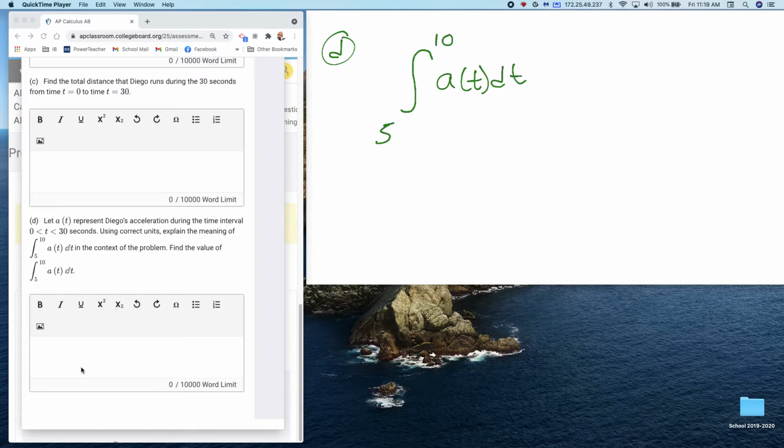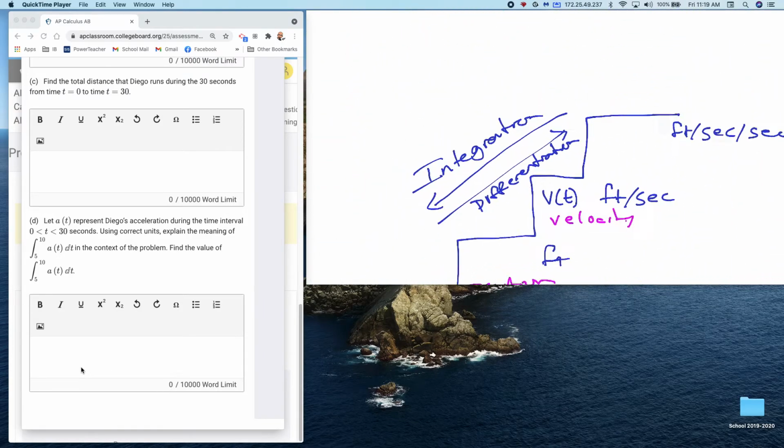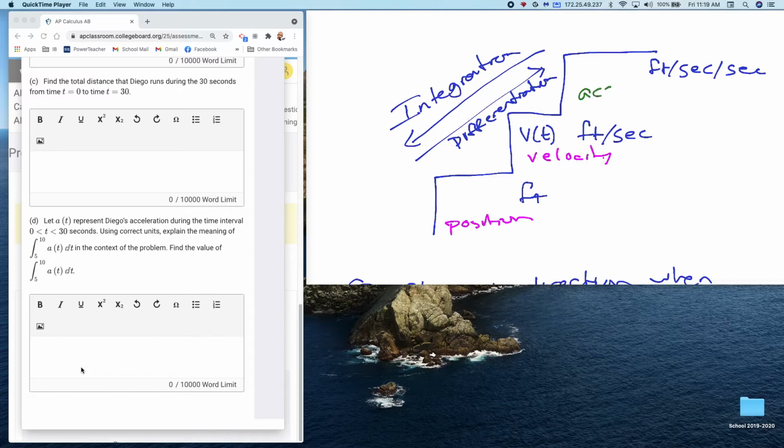But if you integrate acceleration, you're going from there to there. The integral of acceleration is equal to velocity. So right away when they say using correct units, you better be using feet per second because you're integrating acceleration.